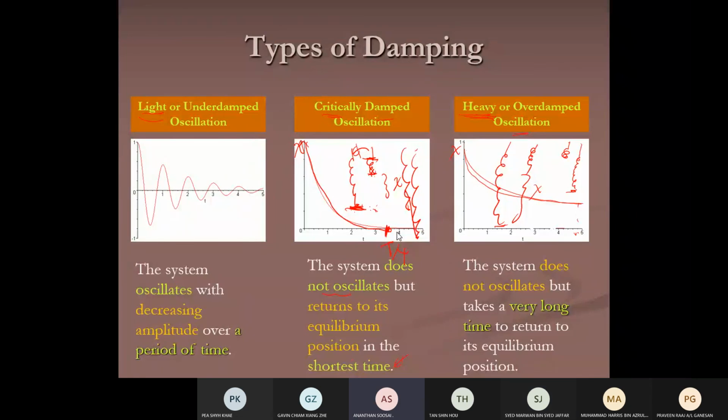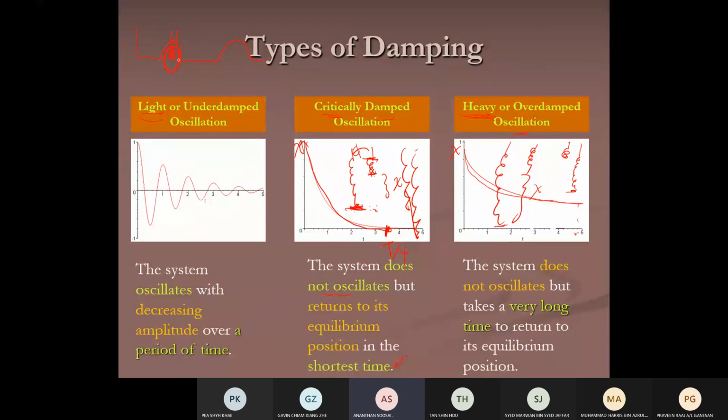Okay, now let me tell you an example, a situation. You tell me, is it light damp, critical damp, or heavy damp? You know, the car suspension system, the absorber, the wheel. If you watch the wheel, inside there is a spring, and the spring is together with the damper.